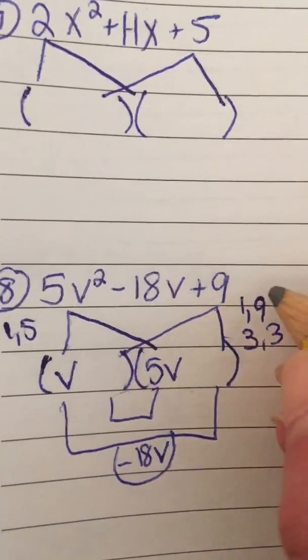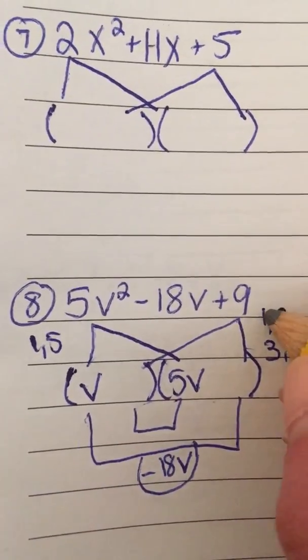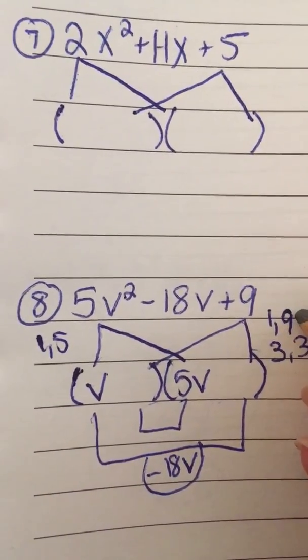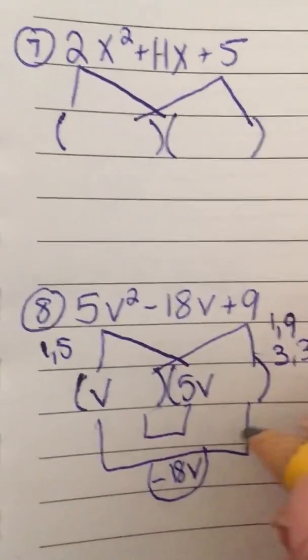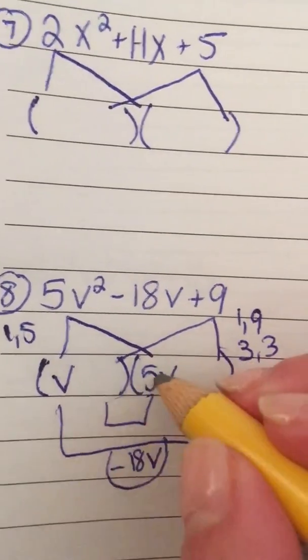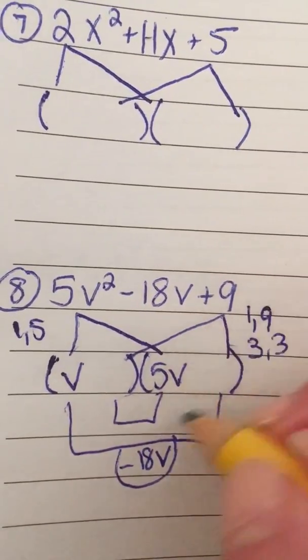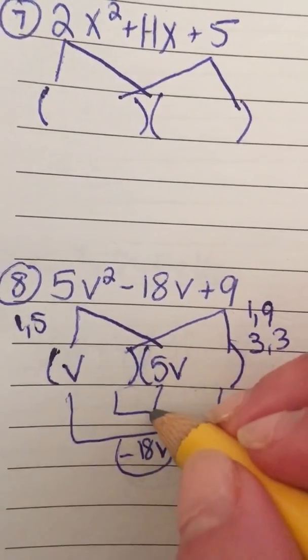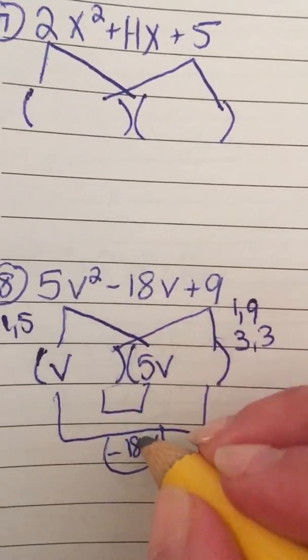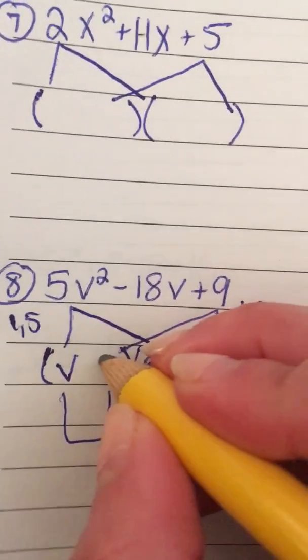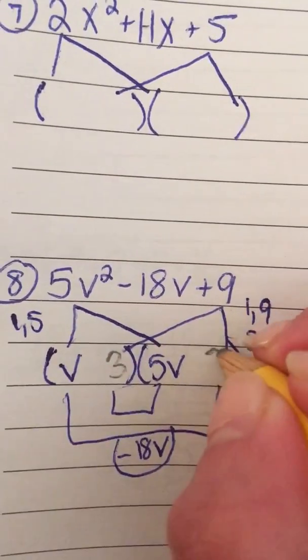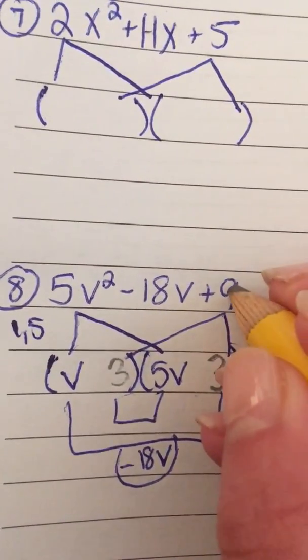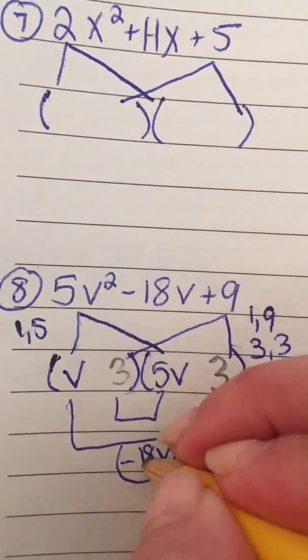So let's see, we can try 1 and 9, but if you think about it, you can kind of figure it out in your head without writing it down. So that would be 1 times 5 is 5, and 9 times 1 is 9. 5 and 9 are not going to give you negative 18. So let's start with 3 and 3. And when you multiply them together, they need to multiply to a positive, but add up to a negative.